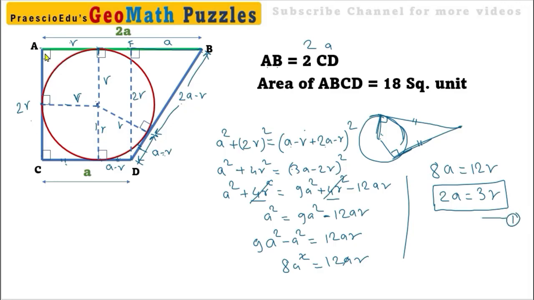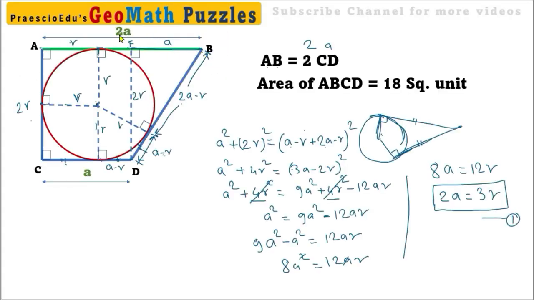Now as we know, this is the trapezium ABCD, because CD and AB are parallel. So the area of the trapezium is equal to 1 by 2 multiplied by the sum of the parallel sides, 2a plus a, which is 3a, multiplied by the height 2R.